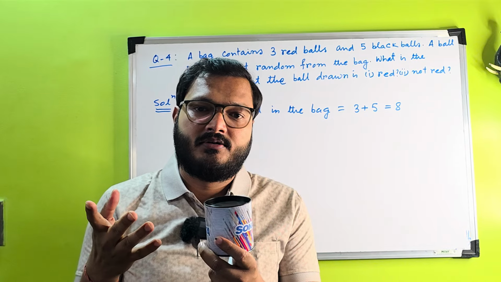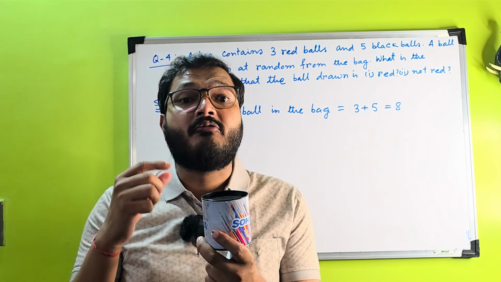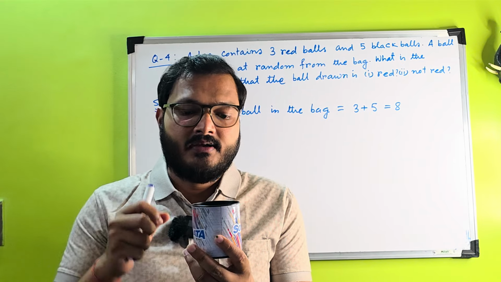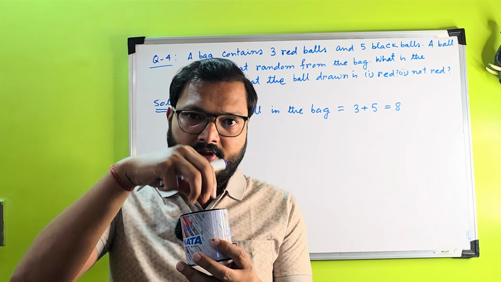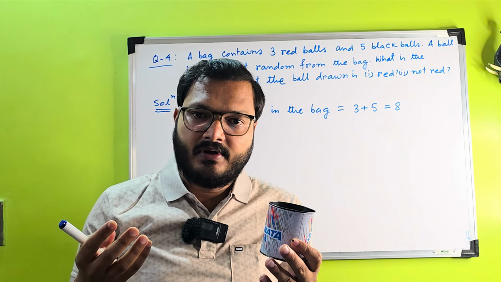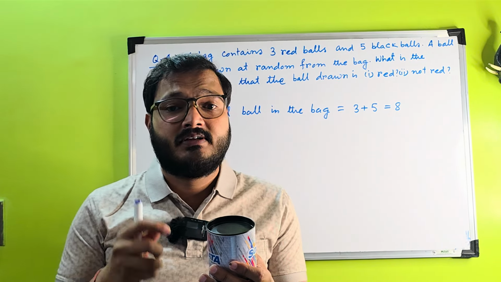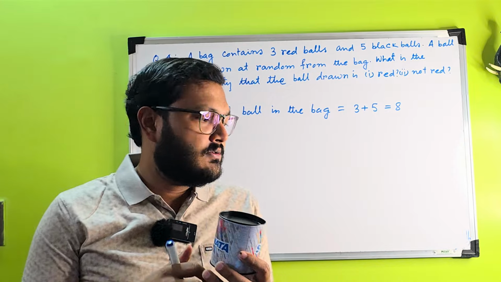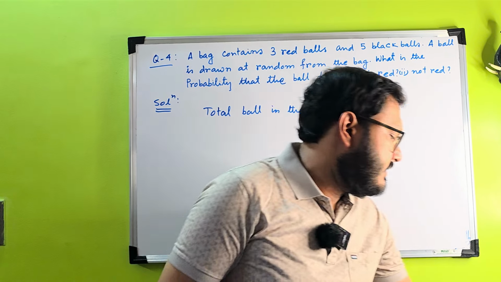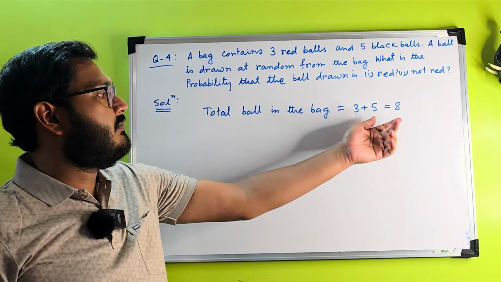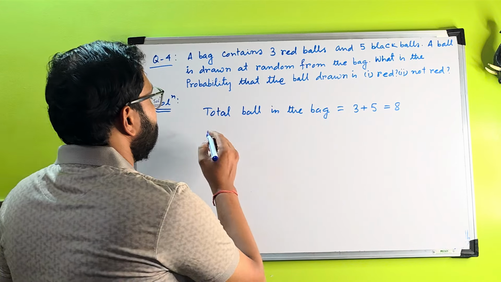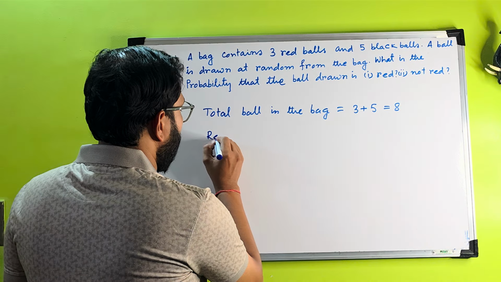It may or may not be, but we find the chances. It may be black also. But what is the chance that it will be a red ball? There are 3 red balls, and total 8 balls.